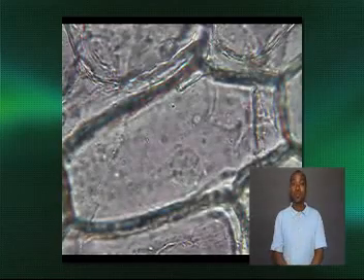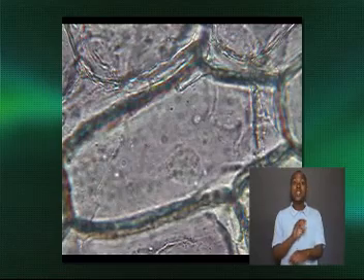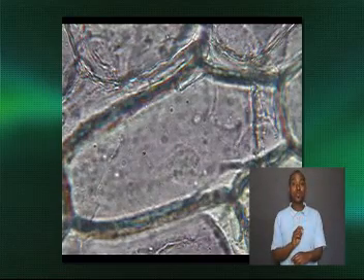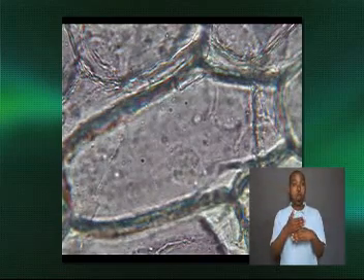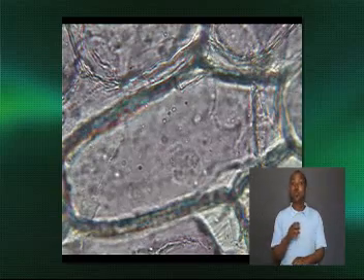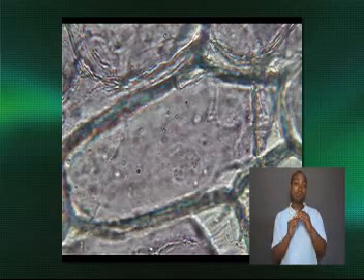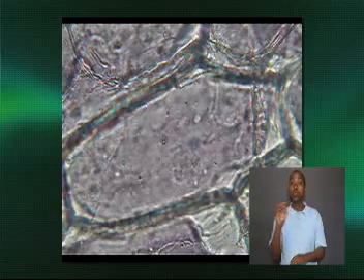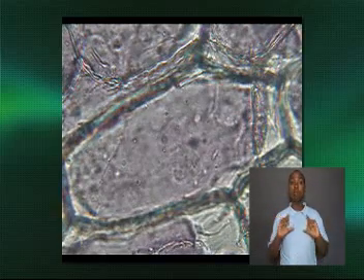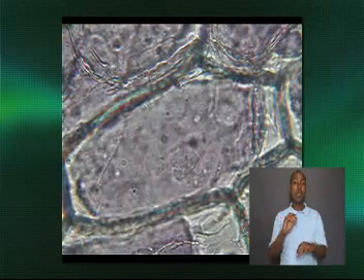This results in the cytoplasm pulling away from the cell wall of a plant cell due to water loss through osmosis, thereby leaving gaps between the cell wall and cell membrane.